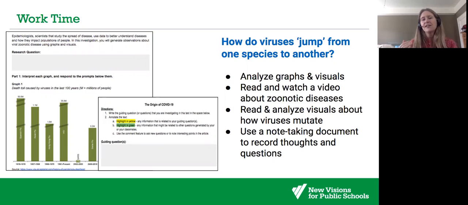Then they have a series of readings, texts, and videos that they use an organizer or a note catcher to organize their thoughts as they dig into the science around viral mutations, about how human and animals are interacting more, and how this is allowing these opportunities for these viruses to jump hosts.